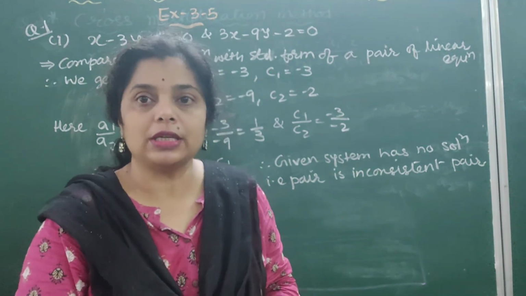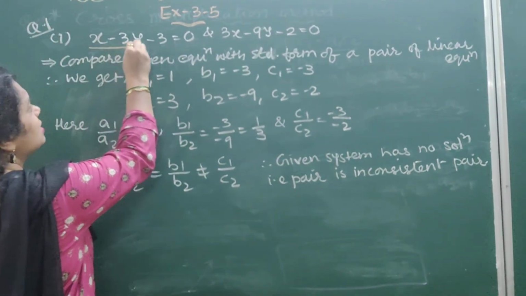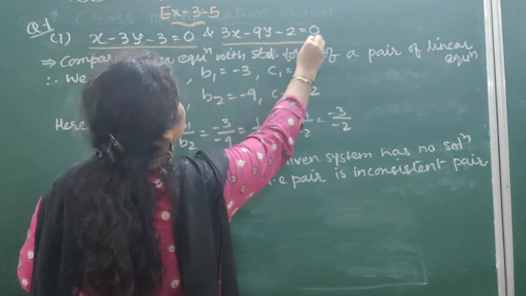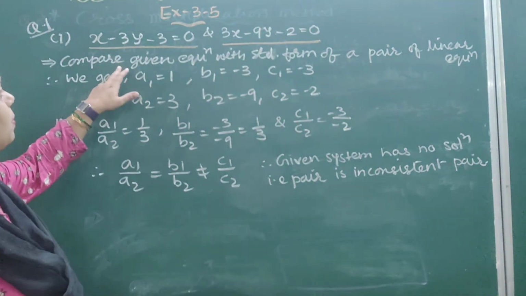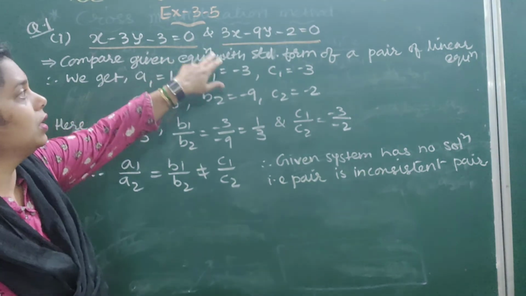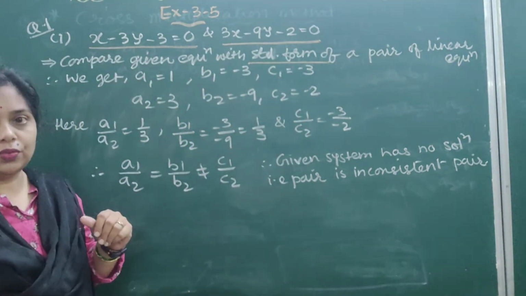Now let's see the first example. In this, the pair given is x minus 3y minus 3 and 3x minus 9y minus 2. First of all, we have to compare these two equations with the standard form of a pair of linear equations.